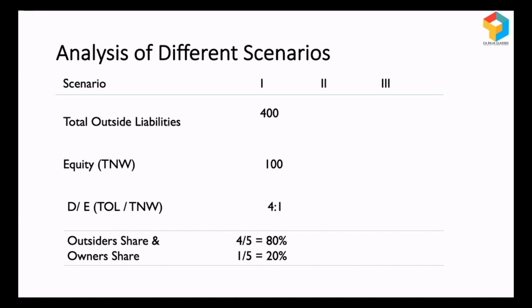But let's look at scenario 2. I'm going to take the same total funds of 500, but I'm just changing the proportion. I'm saying total outside liability is 333 and equity is 167, and if I calculate the debt equity ratio, it is 2:1. 333 by 167 gives 2:1.